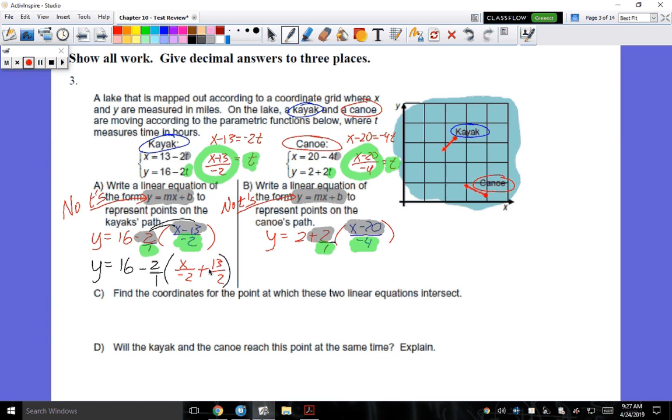And now we're ready to distribute this negative 2 over 1 across both of these fractions and see what we get. Okay? So let's go ahead and distribute these two first. This negative 2 over 1 is going to distribute across this right here. So a negative 2 times x will be a negative 2x, and a positive 1 times negative 2 is going to be a negative 2. Okay?